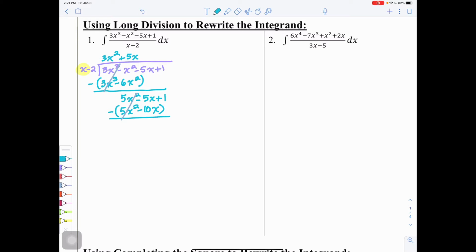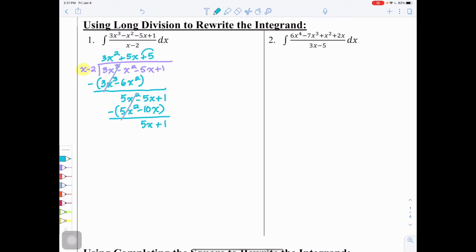So now we have a negative 5x minus a negative 10x, so negative 5x plus 10x. That would leave a 5x, and bring that 1 down. We can still keep going since we're using x as our decision. So what would we multiply x by to get a 5x? You guessed it, just a 5.